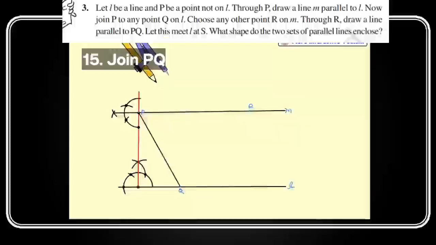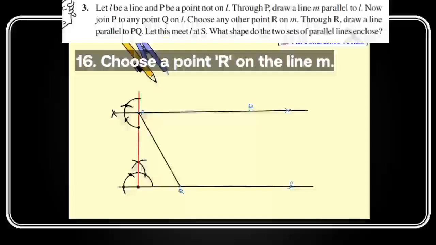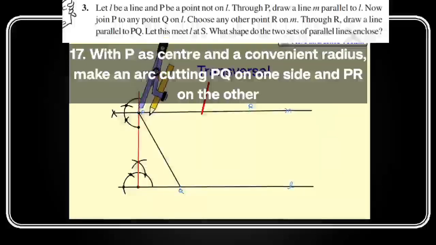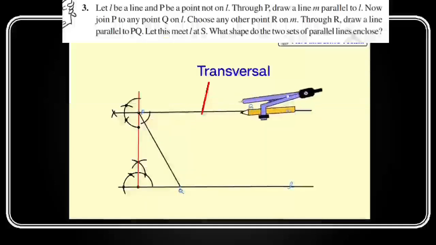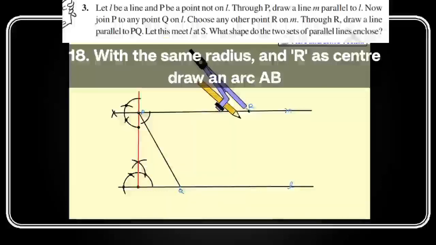So, we will first extend the line L so that we can draw the line parallel to PQ. We will first draw an angle at P. Now, this is the transversal M to the two parallel lines PQ and RS that we are going to draw.